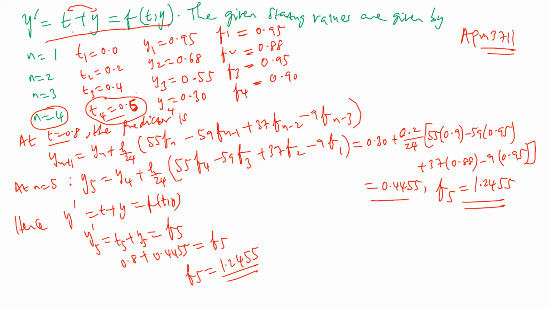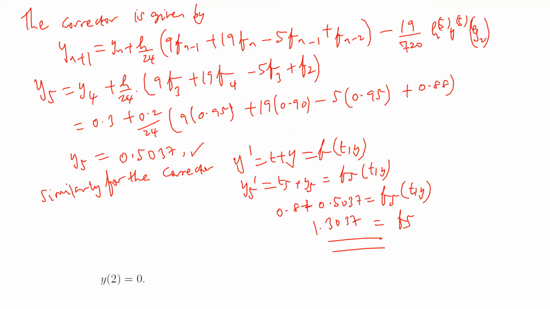So the Y5 we got for the corrector was 1.30. No. The Y5 was 0.5. Is this one? Because I'm going to be reading these values, so where are these values?